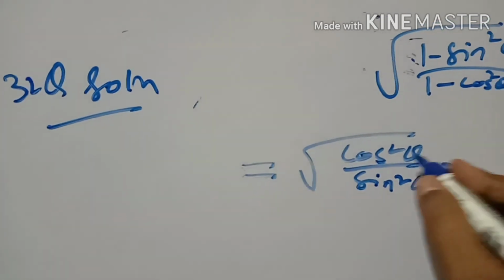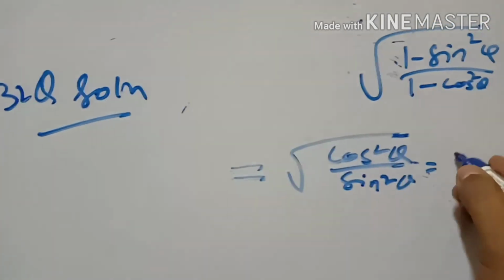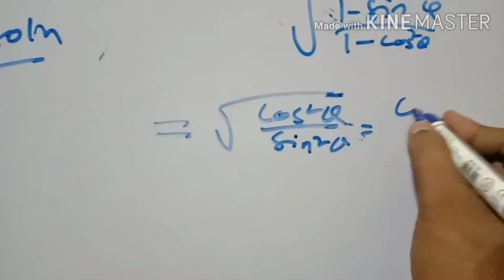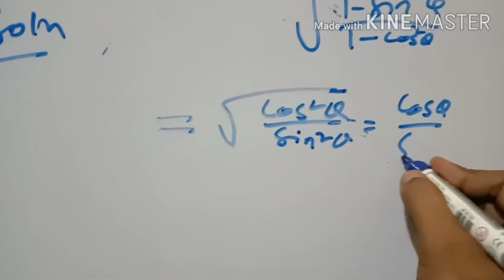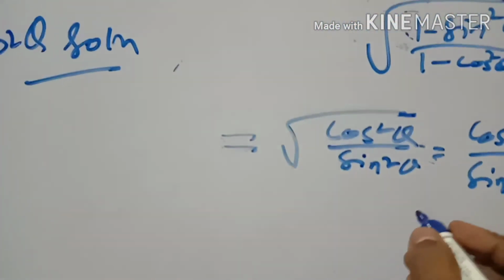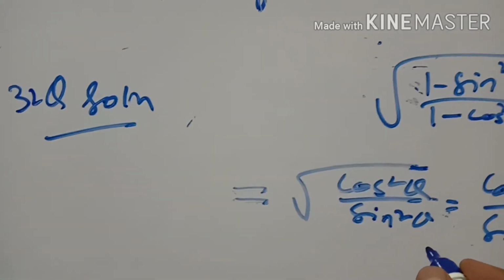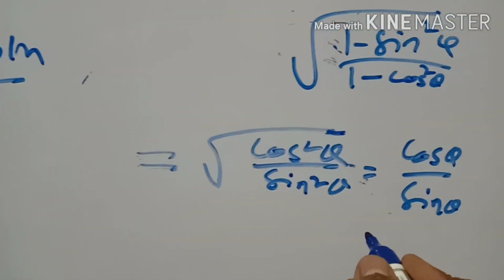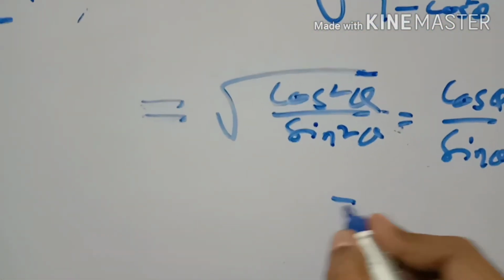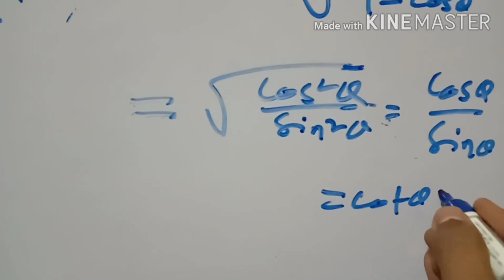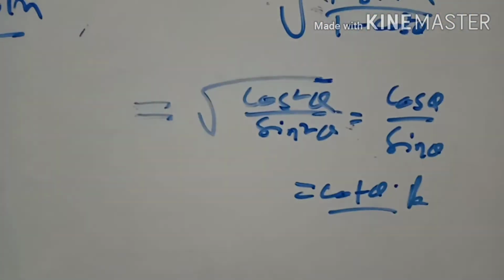So remove the square, the root will be removed also, therefore cos theta by sin theta. Cos theta by sin theta, we know that is cot theta. This is your required answer.